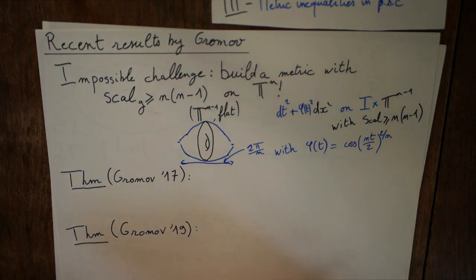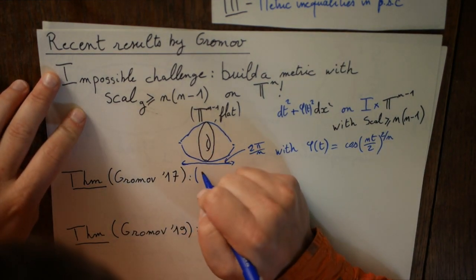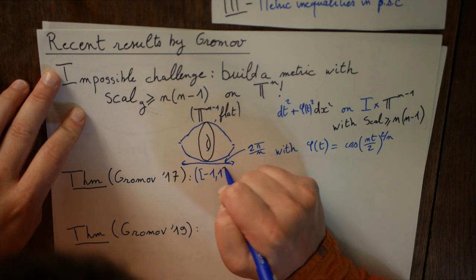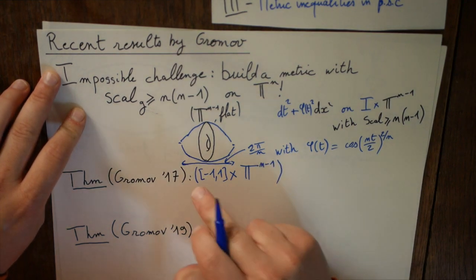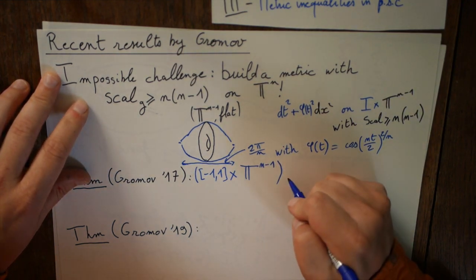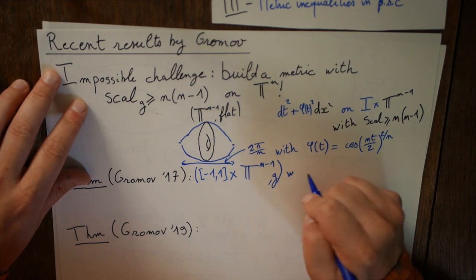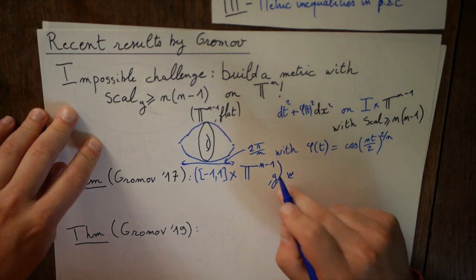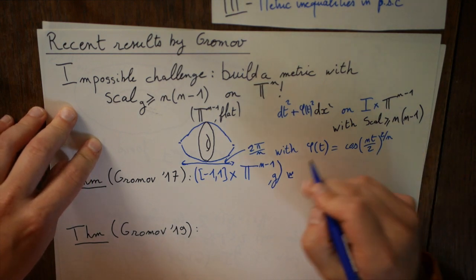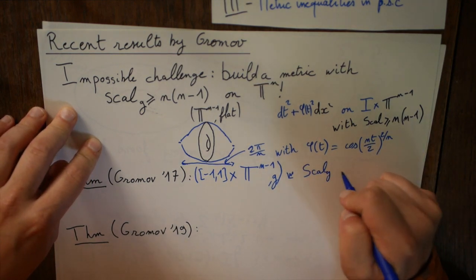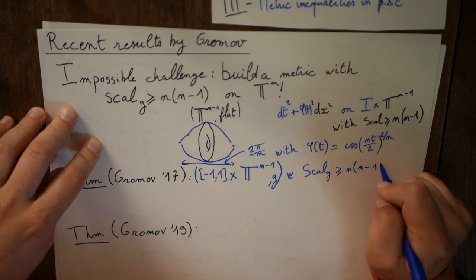Okay, and actually, using the Fischer-Colbrie-Schoen chain, but in a setting with boundaries, which makes things a little bit trickier, Gromov proved the following. So assume that we have a Riemannian metric g on the product of an interval times the torus, so non-complete if you're on the open, or it's a Riemannian metric with boundary, doesn't really matter, with scalar curvature greater than n minus 1.